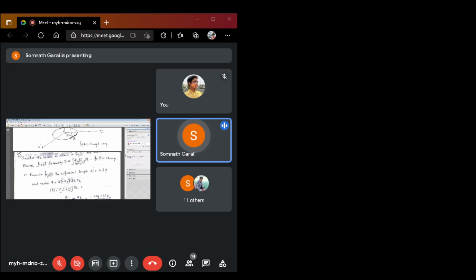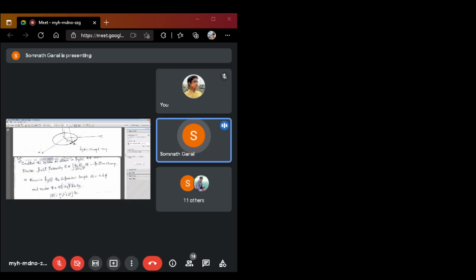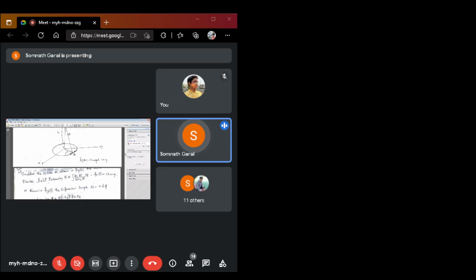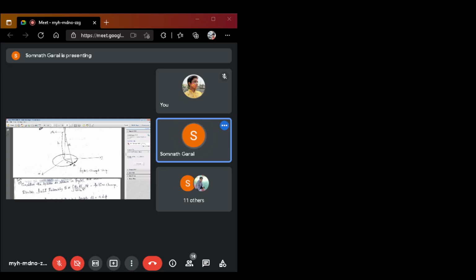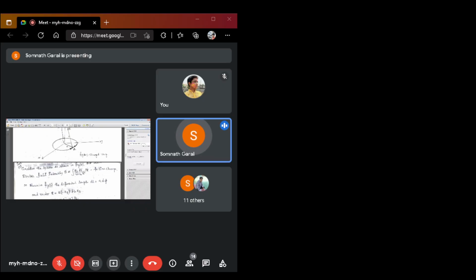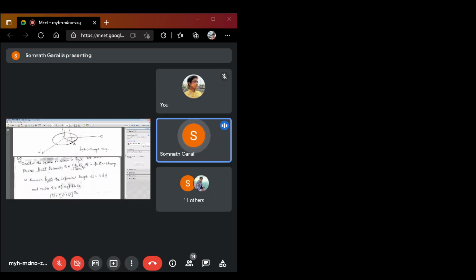Now we express the vector r. It is a cylindrical coordinate system. So r is equal to, first we go from this way to this way, so magnitude is a and direction is minus a rho. Then we go from this point to this point, so magnitude is h and direction is az.